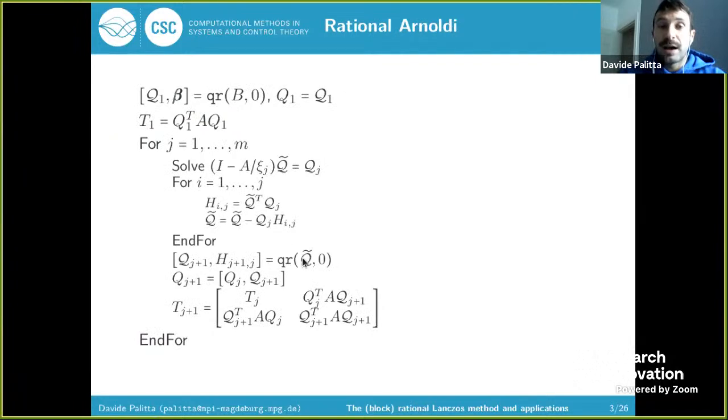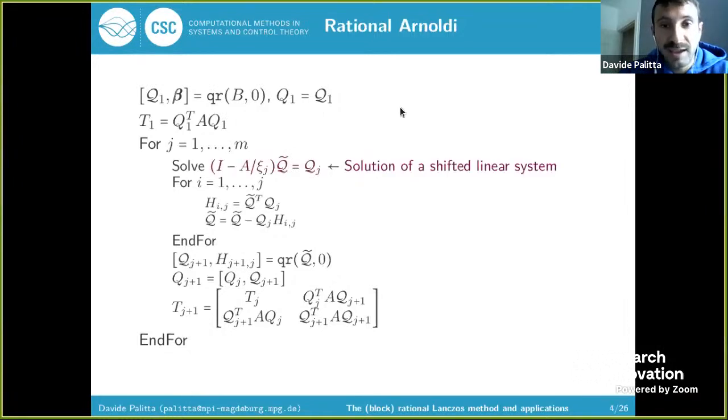One way to construct a rational Krylov subspace is by rational Arnoldi, which is the most common way to construct this subspace. We start by orthonormalizing the starting block B, then we compute explicitly the projection of A onto the current subspace, and then we start the loop as usual.